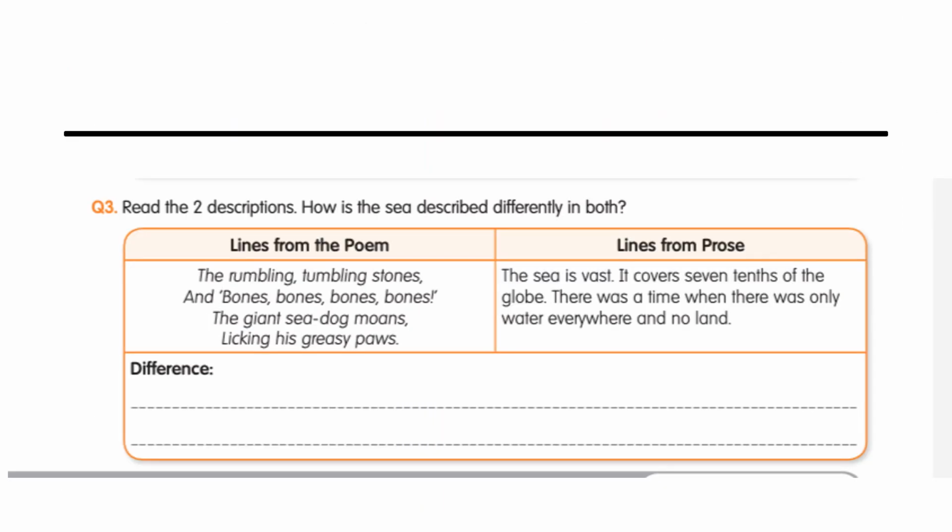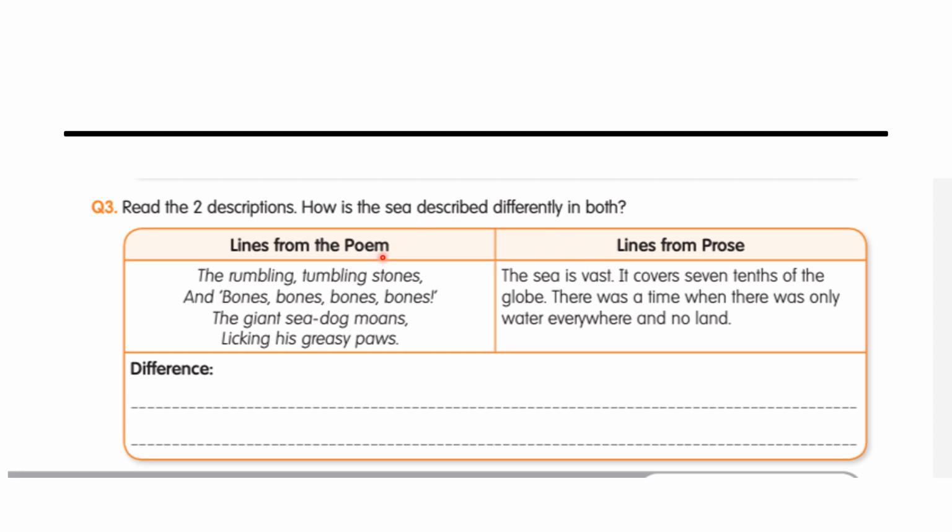Last, read the two descriptions. How is the sea described differently in both? The rumbling, tumbling stones and bones, bones, bones. The giant sea dog moans, licking his greasy paws. Okay. And the second description comes here. The sea is vast. It covers 7/10 of the globe, and there was a time when it was only water everywhere and no land.